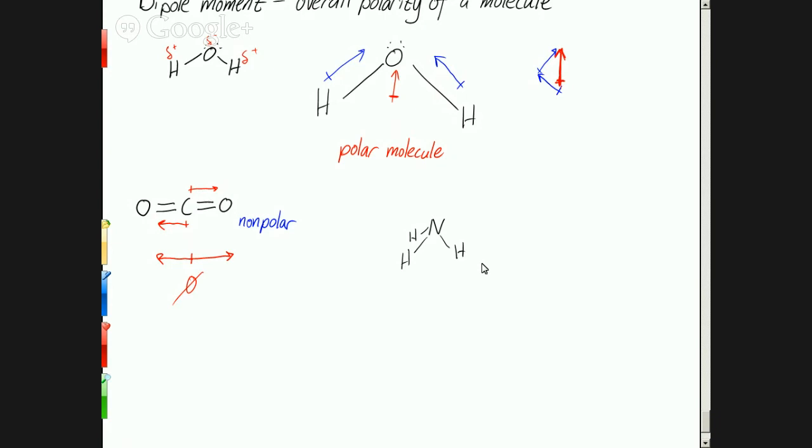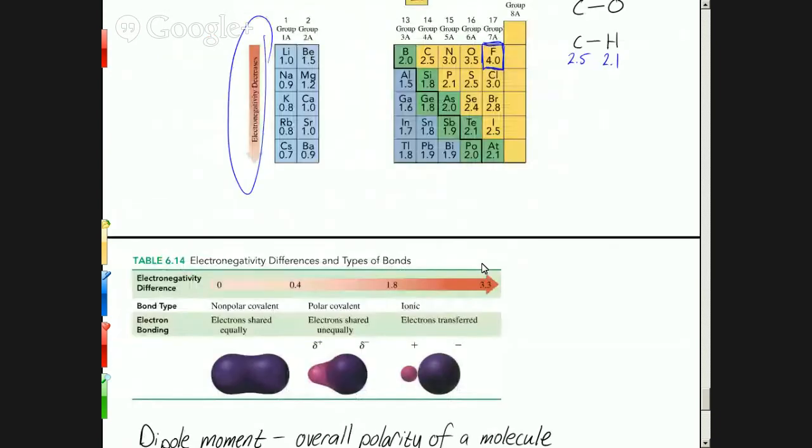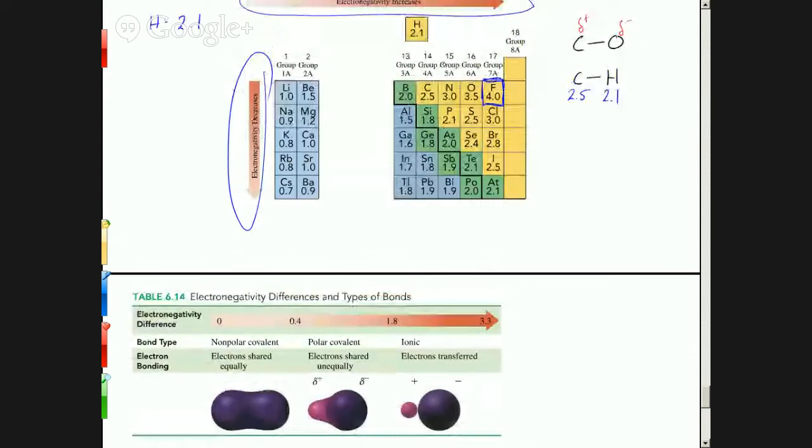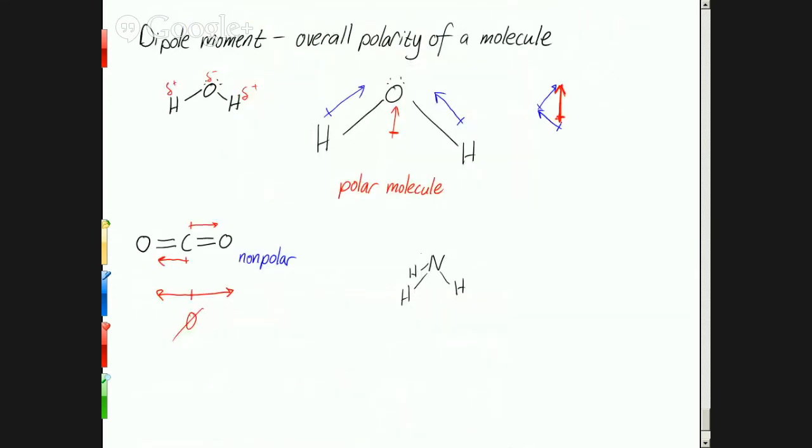So we can go back to the chart and figure that out. And then do they add together to make an overall polar molecule? How do you know that? Because nitrogen is not next to oxygen, right, combined. So we're going to expect that nitrogen-hydrogen bond to be polar. So then if a nitrogen-hydrogen bond is polar, is that overall molecule polar, or do the polar bonds cancel each other out in different directions? What do you think?